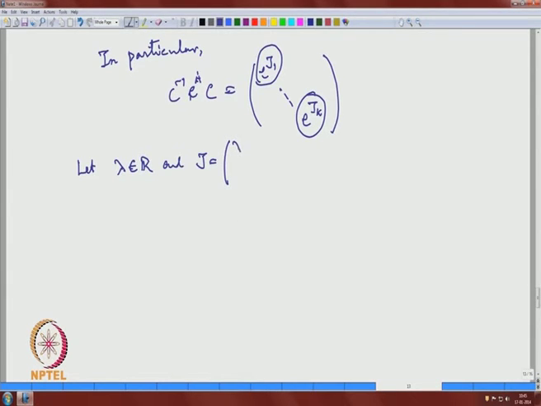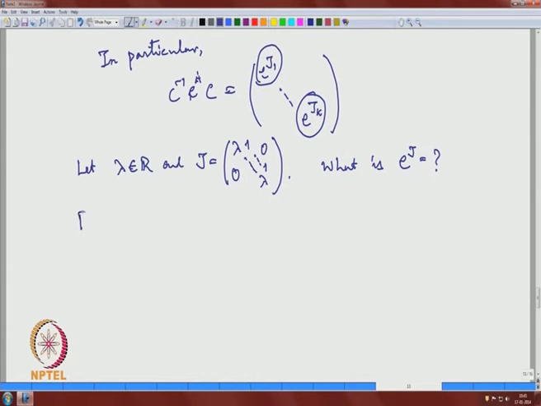So, this is a square matrix of some order. Okay. So, what is e^J? Okay, so that is the question.